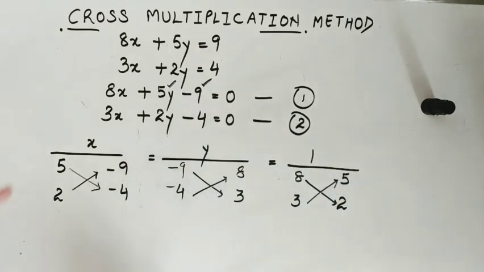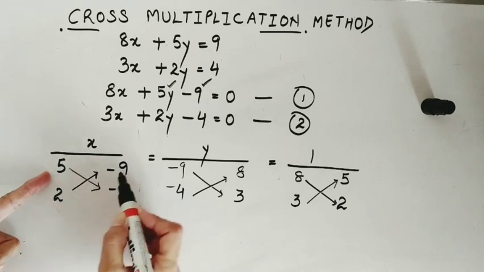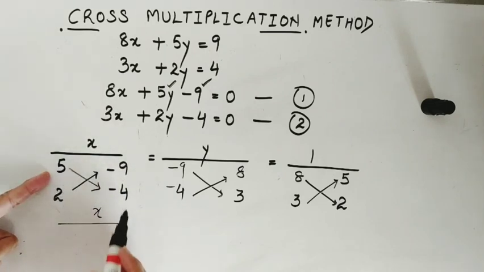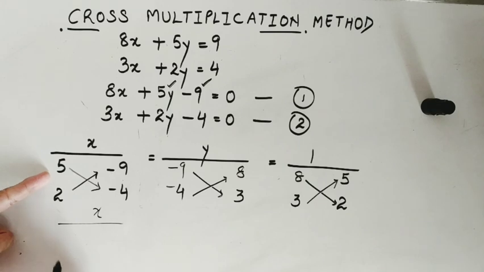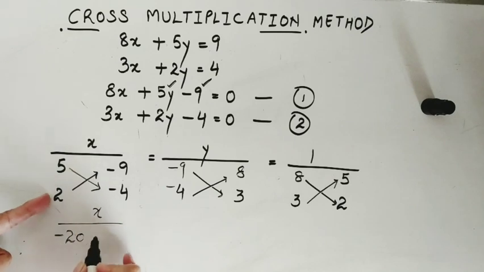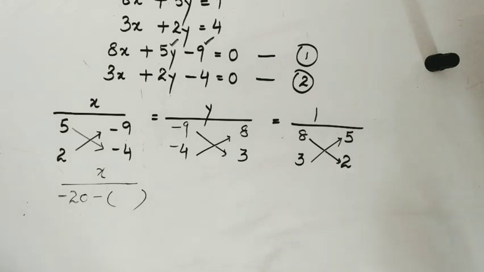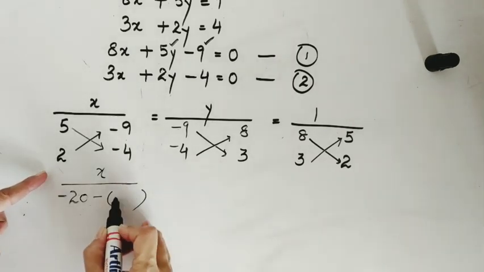So we begin from the left top and then we write the next set of numbers. Let's see what we get. 5 into minus 4 would be minus 20. Then comes minus in the denominator, minus 18.